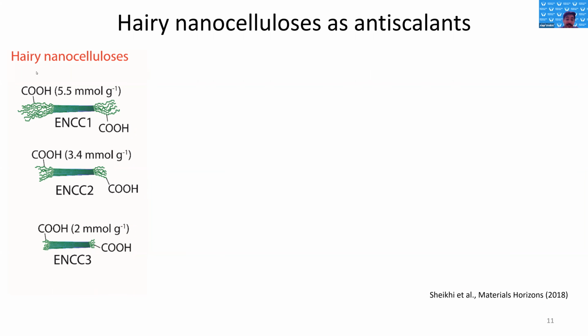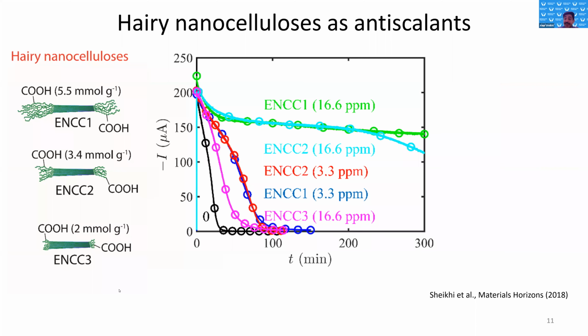I told you that these nanoparticles have a large charge content, so we can start trimming these hairs with strong acids and form a range of hairy nanoparticles with different length sizes and charge content.